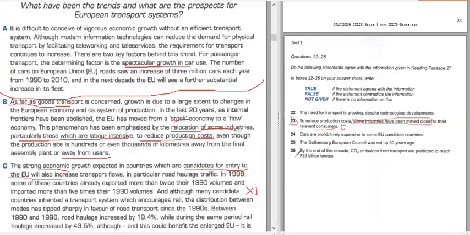So my understanding is, they are saying this phenomenon has been emphasized by the relocation of some industries, particularly those which are labor intensive. So they have moved to the labor area to reduce production cost. It doesn't depend upon whether consumers are near or not. It depends more on whether the labor is near or not.